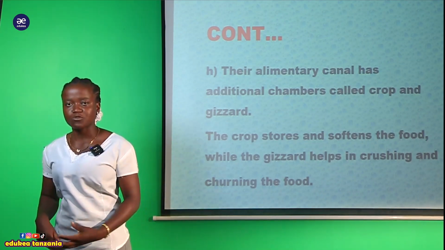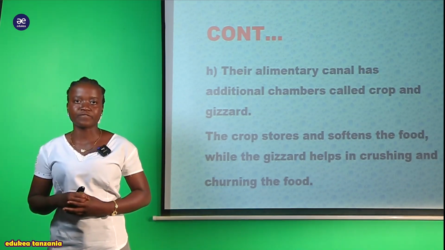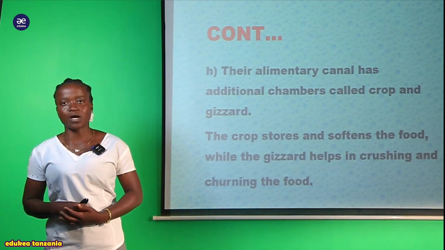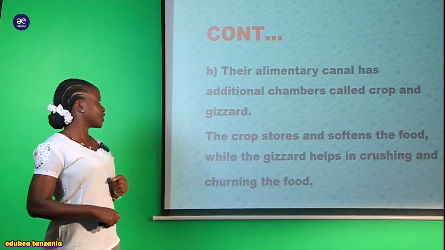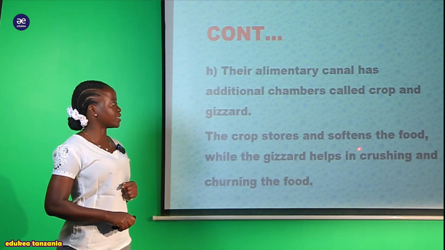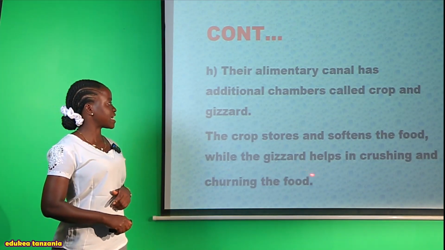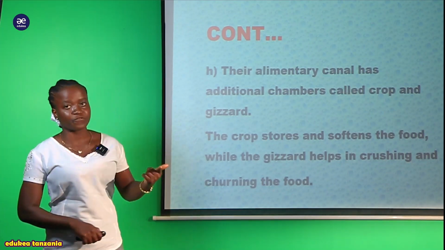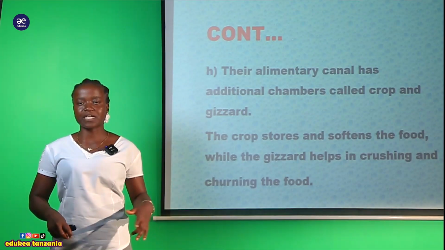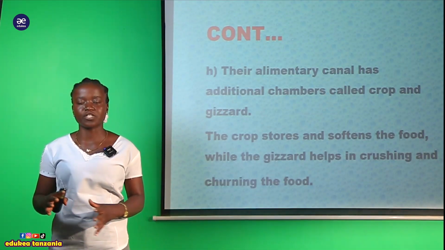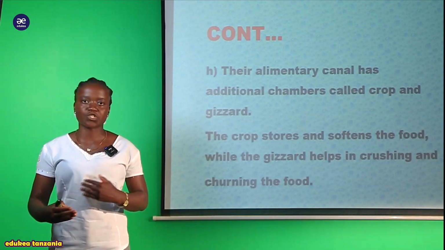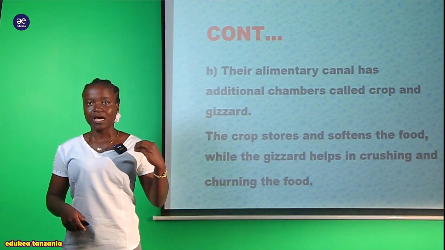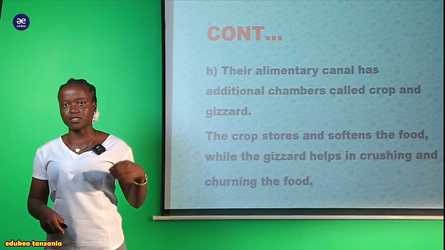Mainly, it is specialized for crushing food. And this organism also possesses this structure, the gizzard. So here we can say that the crop stores and softens the food, while the gizzard helps in crushing and churning the food. The crop is for simple storage of the food, but they also have a gizzard which is specialized for crushing the food that this organism takes in.